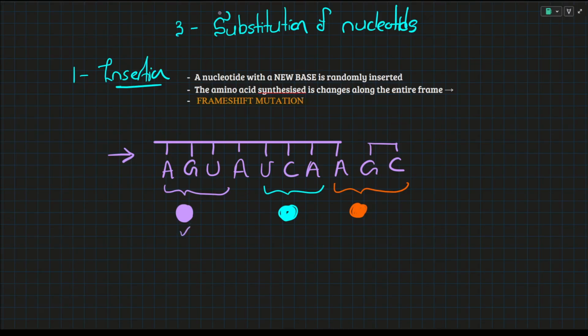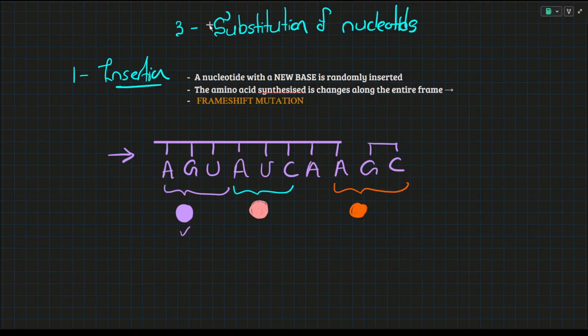But do you see? Now, when we're reading this transcript, the next three codons become these three. Not these three. Previously, these three were what we wanted and they coded for the specific amino acid we wanted. But it's no longer that. It's a completely different amino acid.